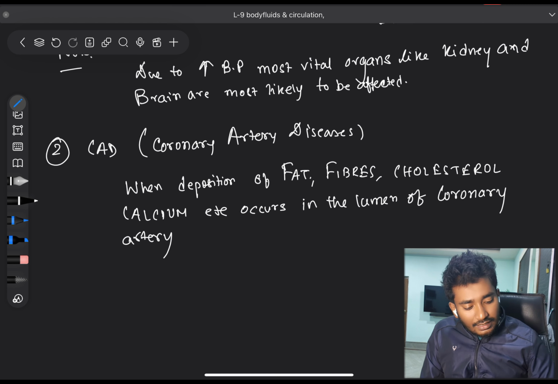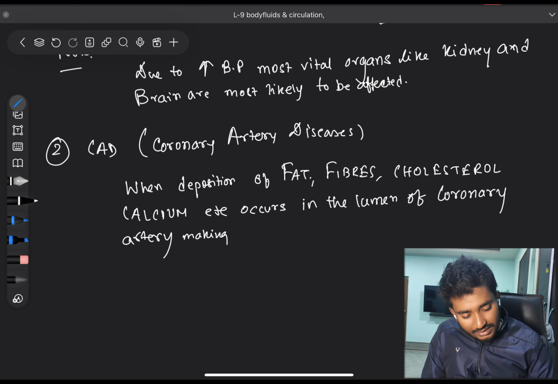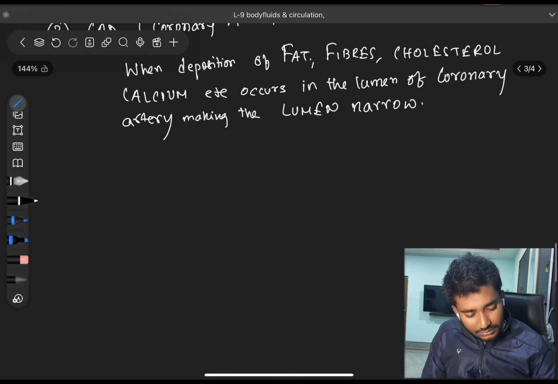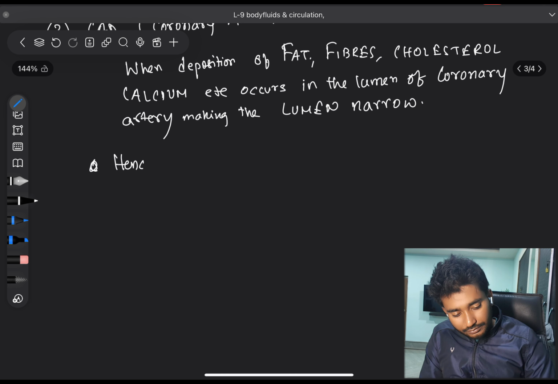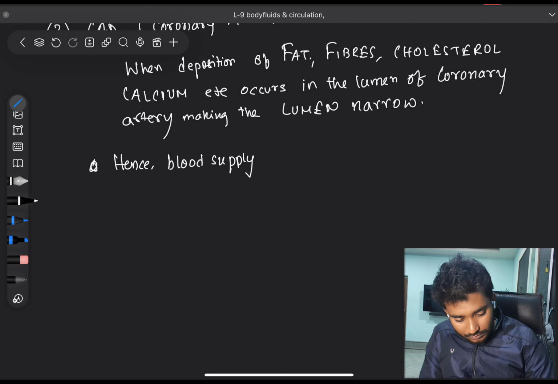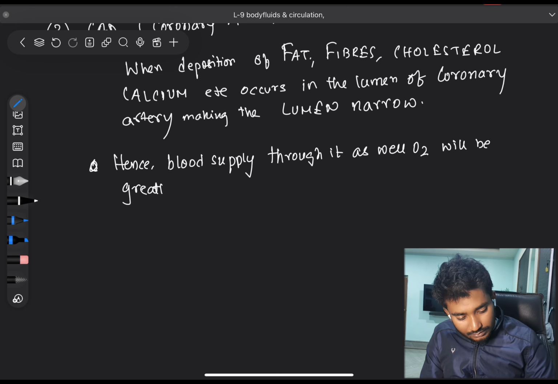So in case the lumen of the coronary artery is made narrow, the blood supply through it, as well as oxygen, will be greatly affected.